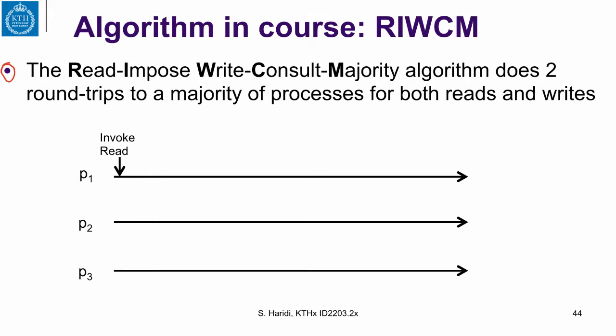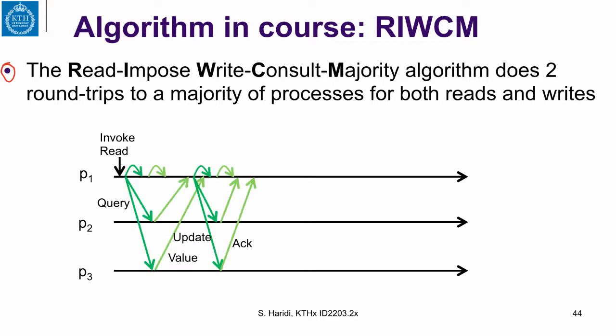We will show how the read operation and the write operation are performed. Both operations have 2 phases: the query phase and the update phase. A read operation consults a majority of processes, and this consultation is the query phase.